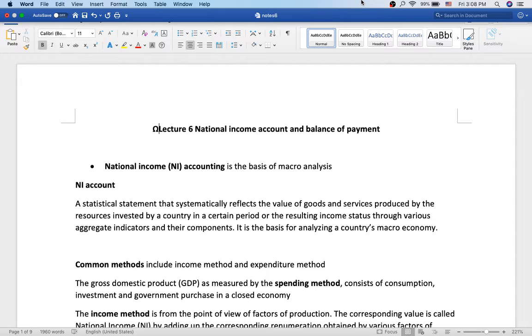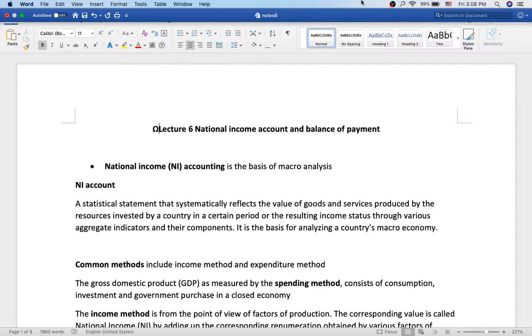Otherwise, the development of the national economy will be out of balance. Under the open economy, the constitution of the national income equation, the meaning of national income and the relationship between macroeconomic variables have all profoundly changed.